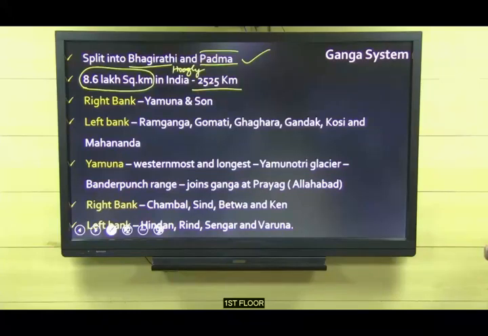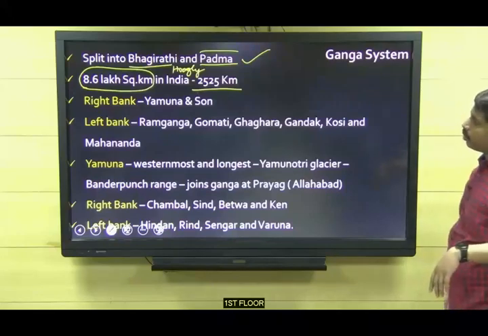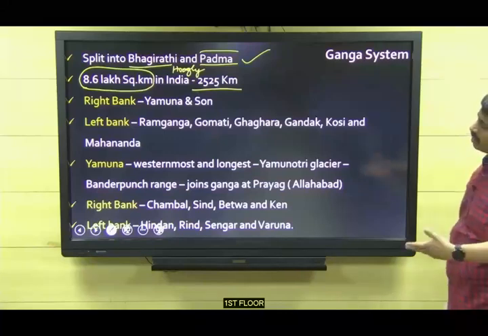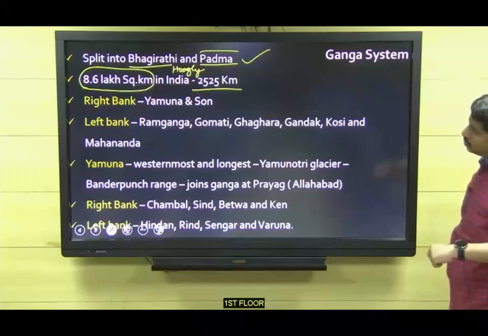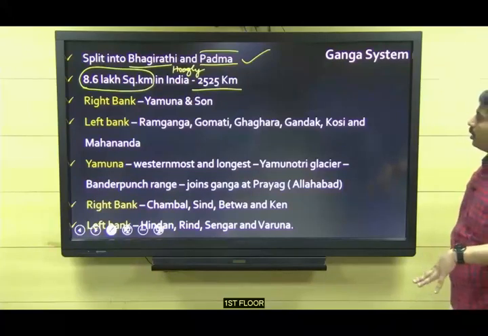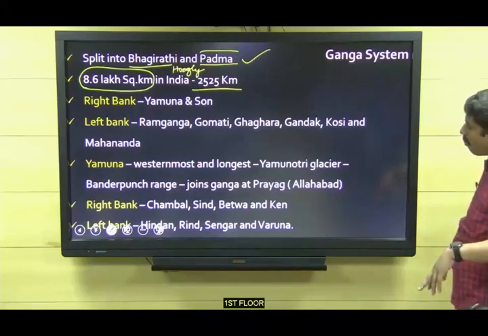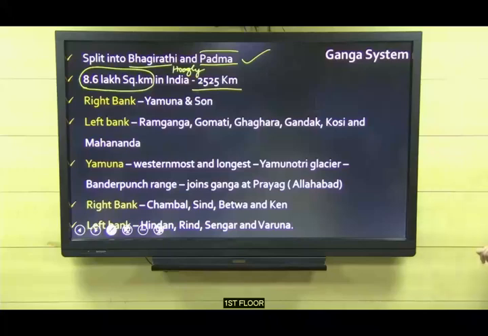Important tributaries on the right bank, which means from the southern side, Yamuna and Son are the two important tributaries. On the left bank, Ramganga, Gomati, Gagra, Gandak, Kosi, Mahananda.